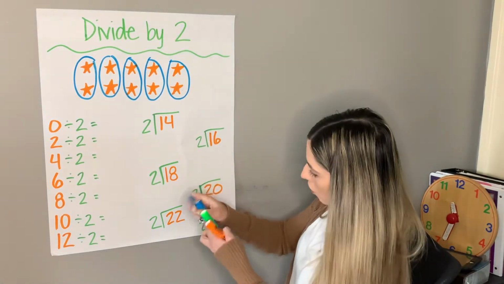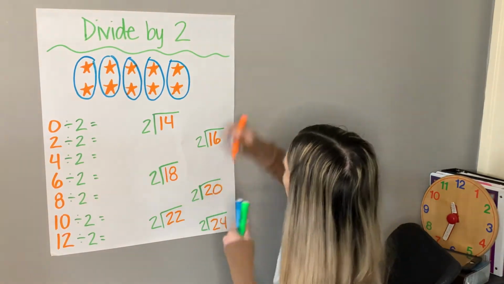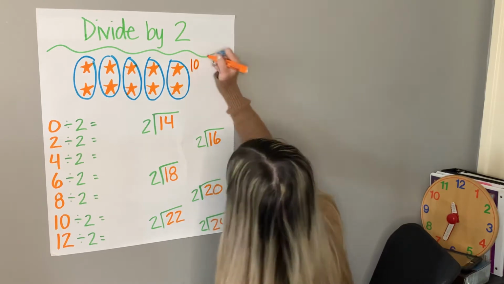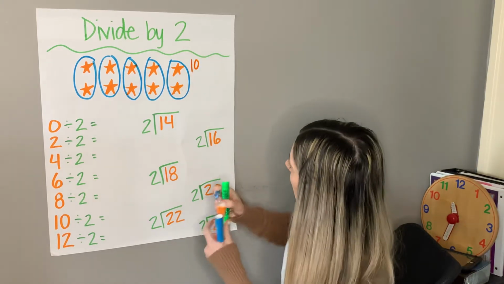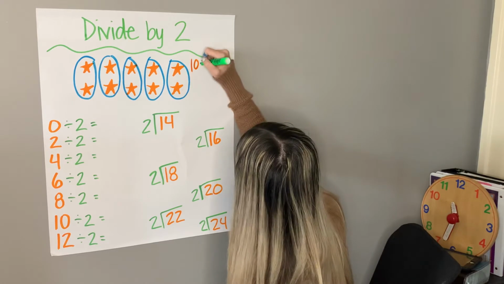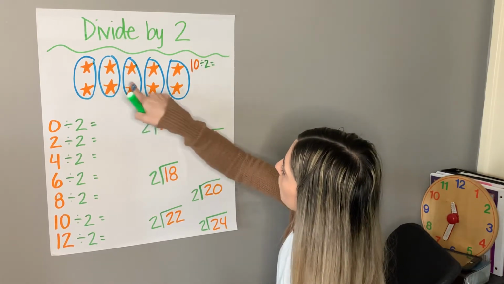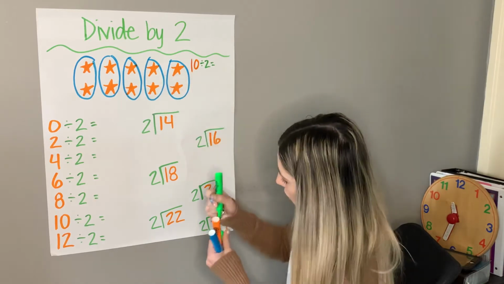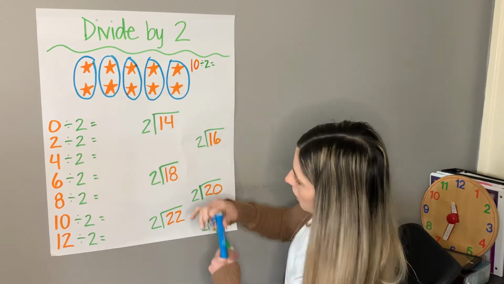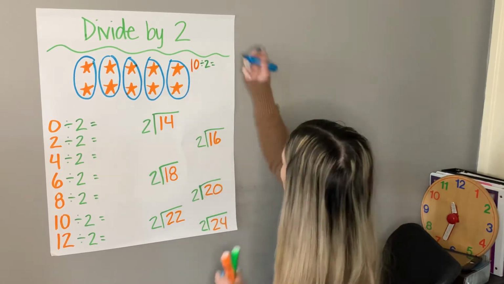So my total was 10. I started with 10. I'm dividing by 2 because everything is in groups of 2. And I have 1 group, 2 groups, 3 groups, 4 groups, 5 groups. So my answer to 10 divided by 2 is 5.